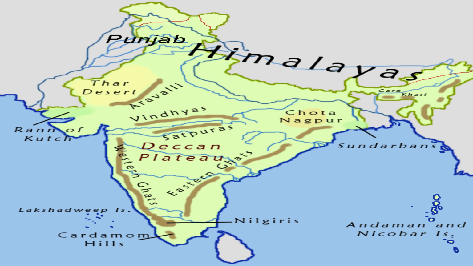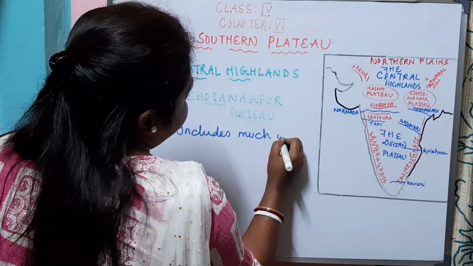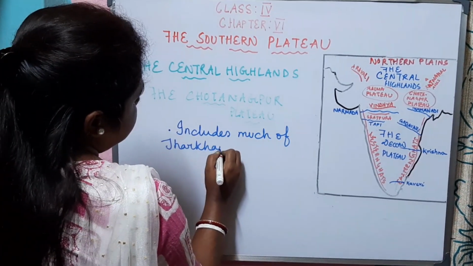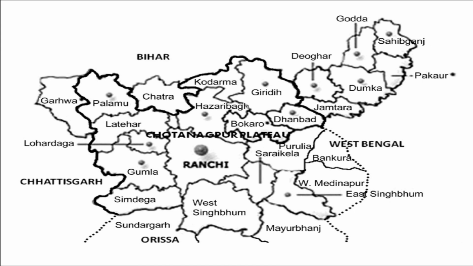The Chotanagpur Plateau includes much of Jharkhand and parts of Orissa, Bihar and Chhattisgarh.